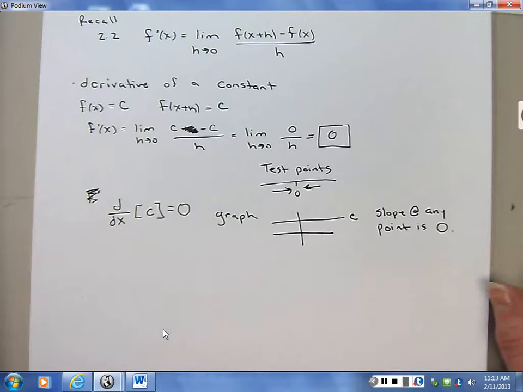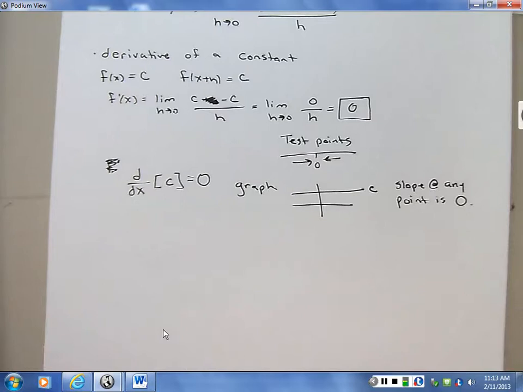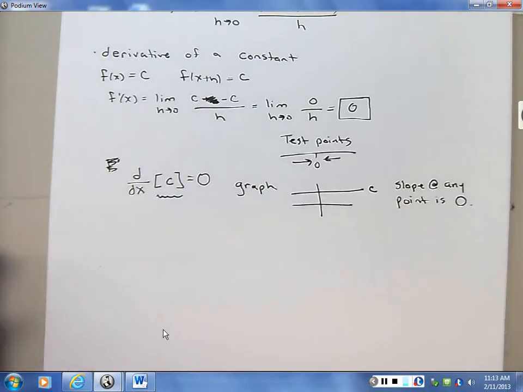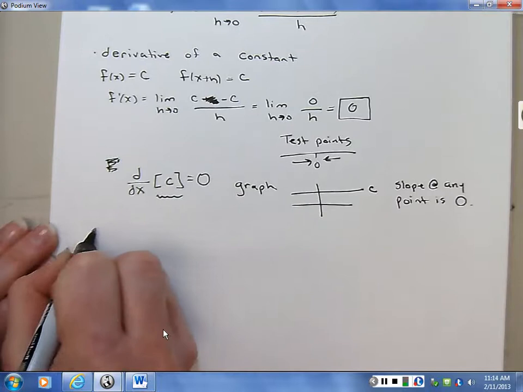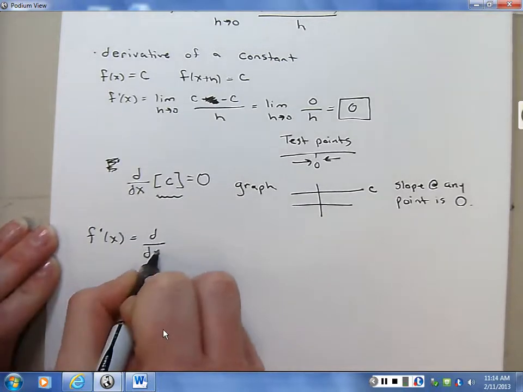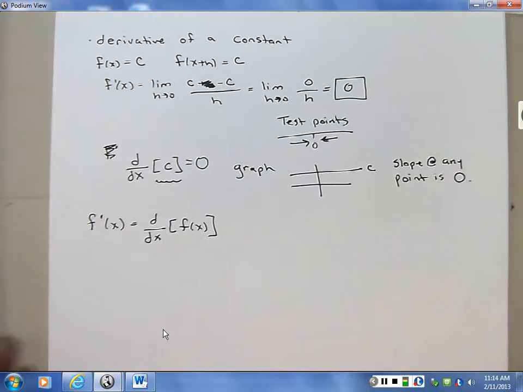Can you explain that notation? This notation here? Yeah, so in 2.2 we talked a little bit about some notation of Newton-Leibniz. So this is just saying I'm taking the derivative of whatever's in parentheses with respect to x. So I could have f prime of x, I could write that as this. So they're saying I have this function f of x and I'm taking the derivative.